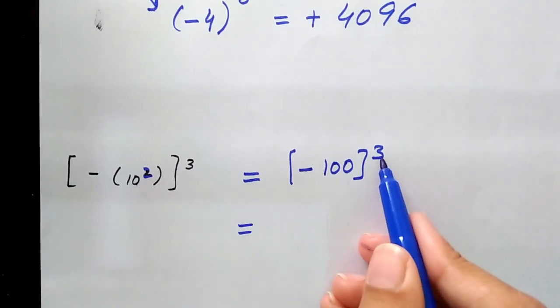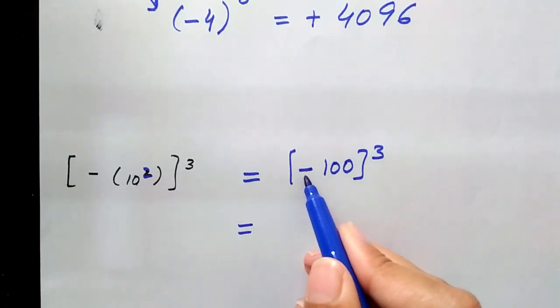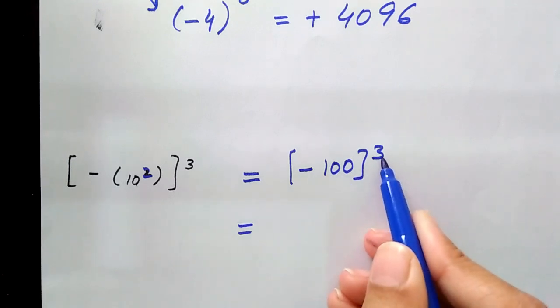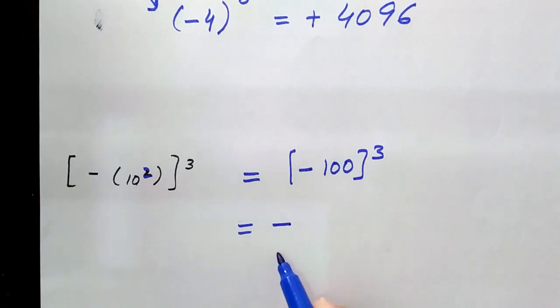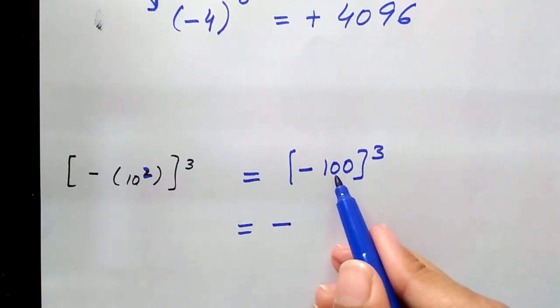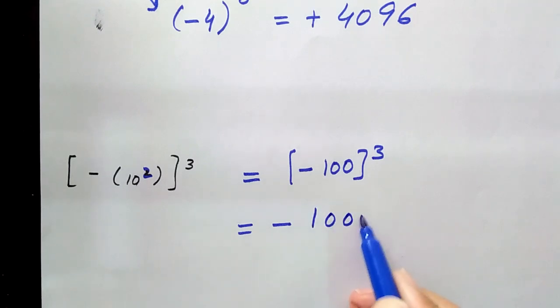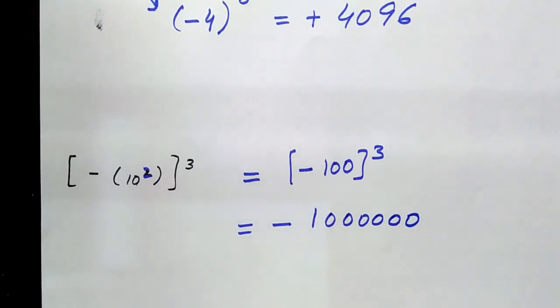Now this exponent is acting on this negative sign and this 100 as well. As this power is odd, my negative sign will be retained, and I will multiply 100 three times and I will get this answer.